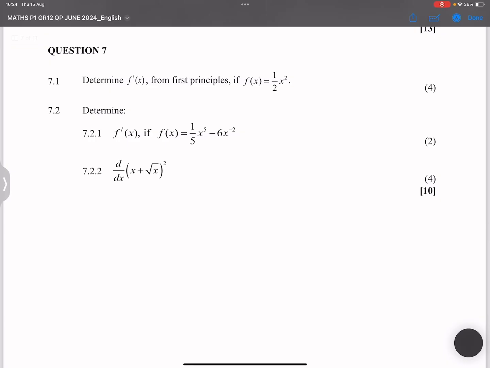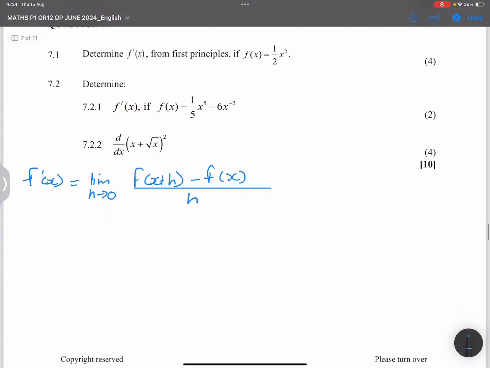And now we look into question 7, ladies and gents. Okay, let's go right into it. So they say determine f prime x from first principles. Right, so to get f prime x from first principles, we always say limit as h tends to 0 of f of x plus h minus f of x divided by h.